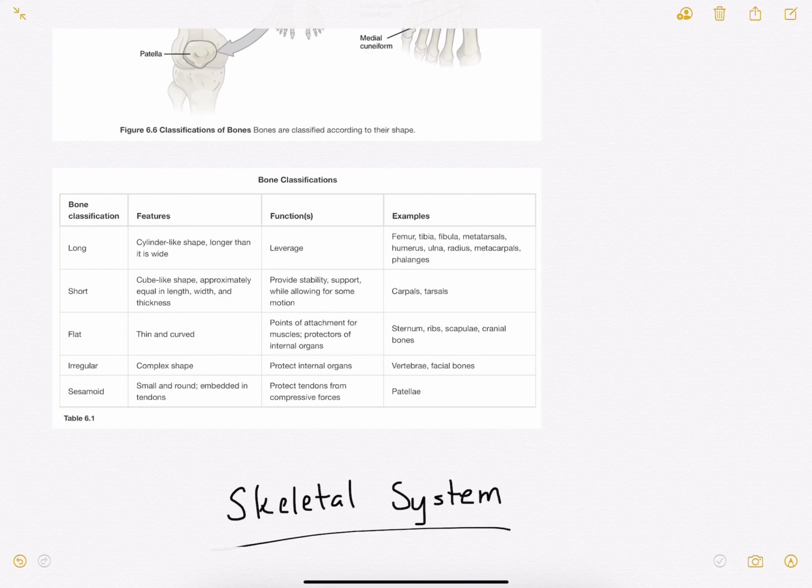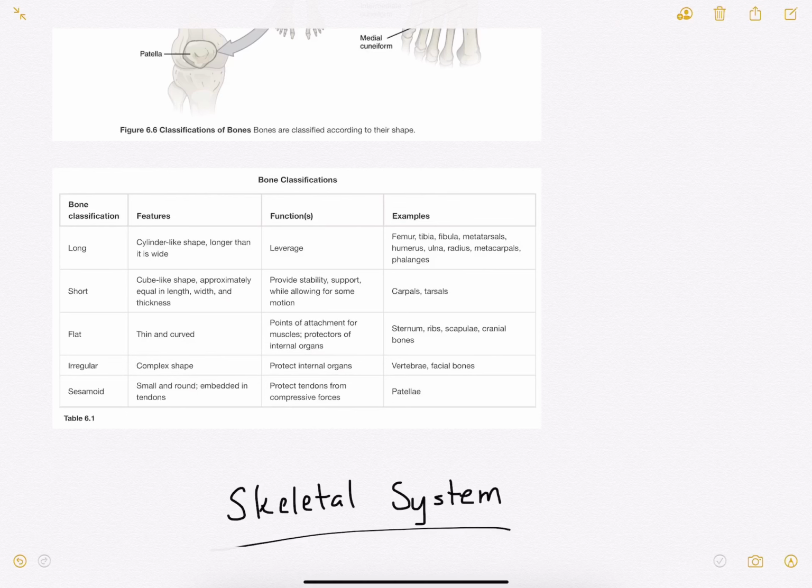There's really no set way of how they look, and they look very different compared to the other kinds of bones that we have in the body. And again, they protect internal organs. A really great example of irregular bones is the bones of our vertebral column.